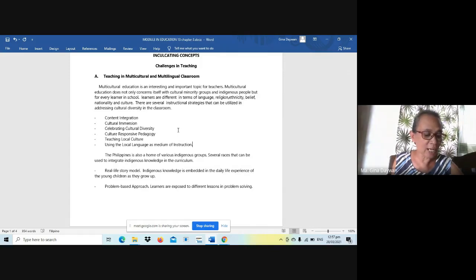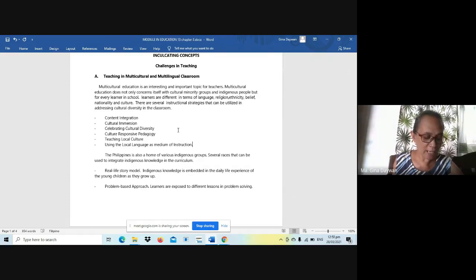So teachers are challenged to use pedagogical approaches that are culturally relevant and responsive. They are encouraged to develop instructional materials and curriculum models that are culturally inclusive. Another big issue and challenge in a multicultural setting is language.